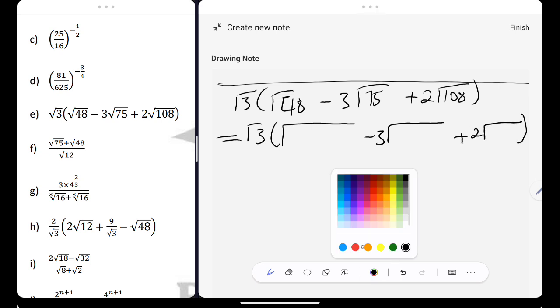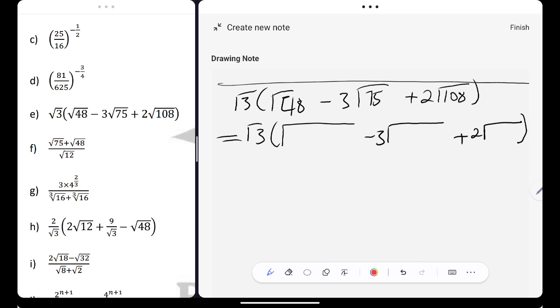How so? I know that 48 can be broken down into 16 multiplied by 3. 75 is 25 multiplied by 3. 108 is 36 multiplied by 3.